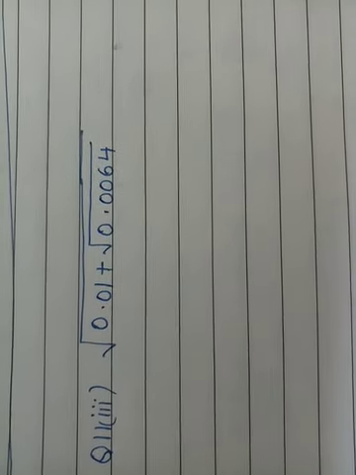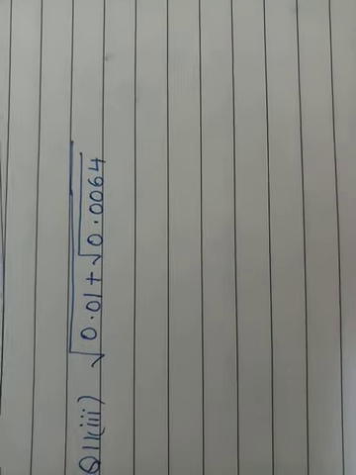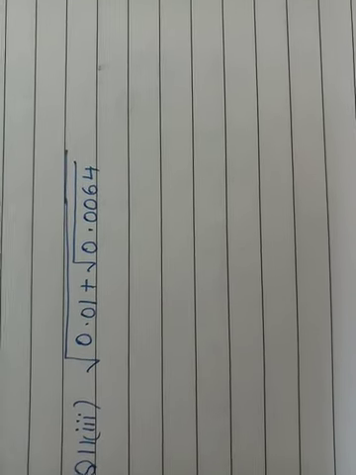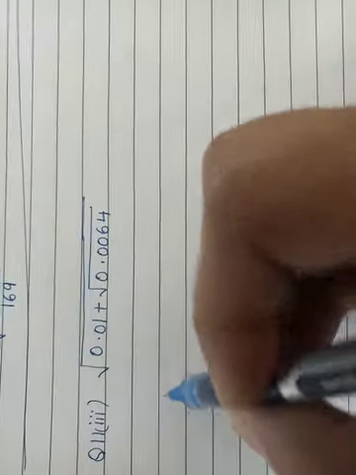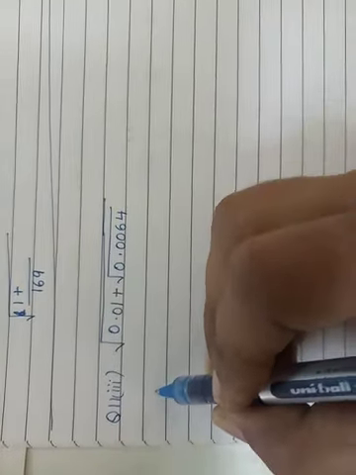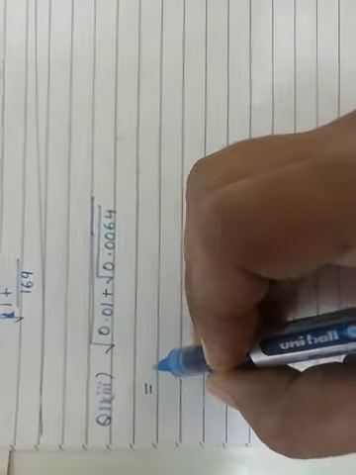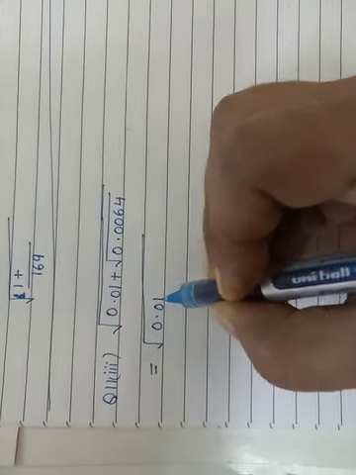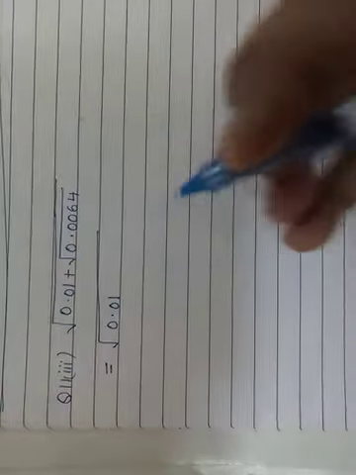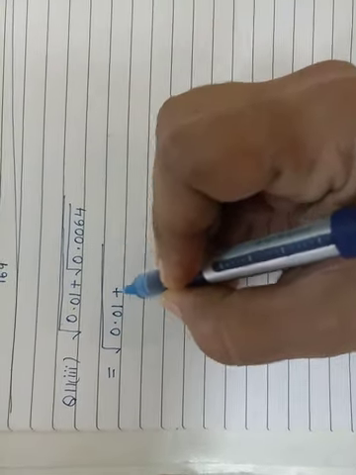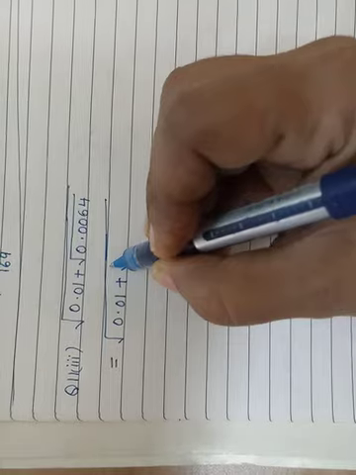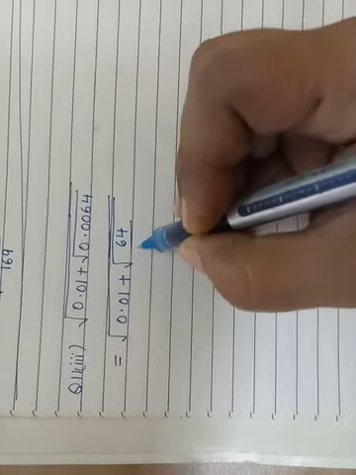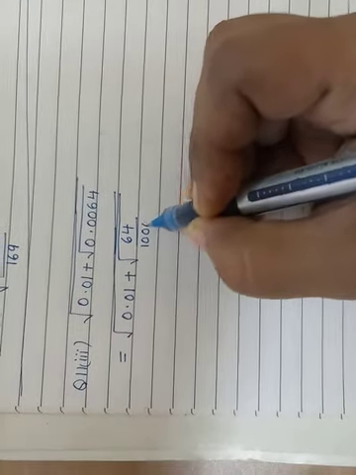See, we have square root under square root. First you solve this square root of 0.0064. Then we will do the next one. So I write 0.001 as it is, and then square root of 0.0064 can be written as 64 upon 10,000.